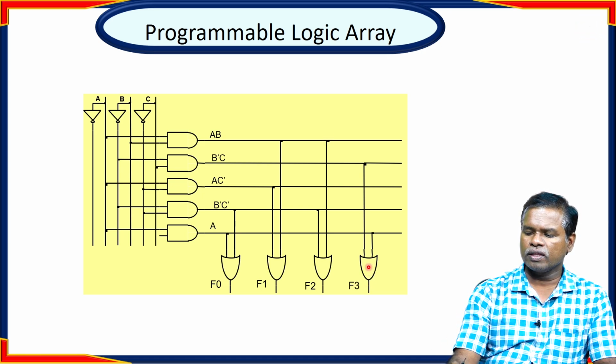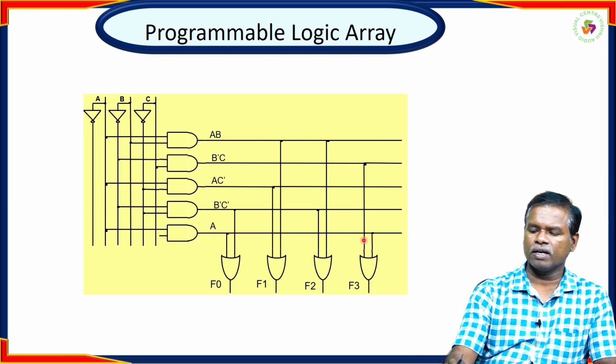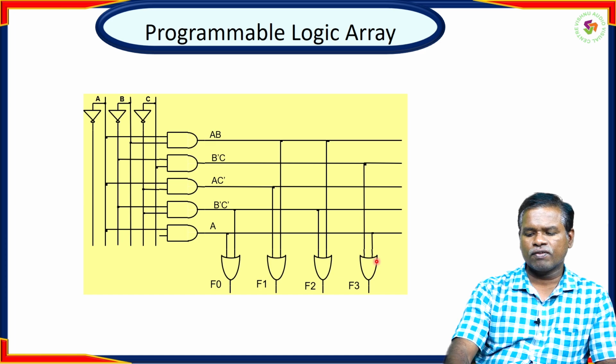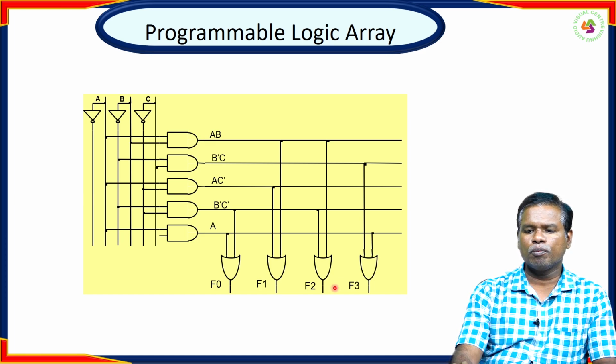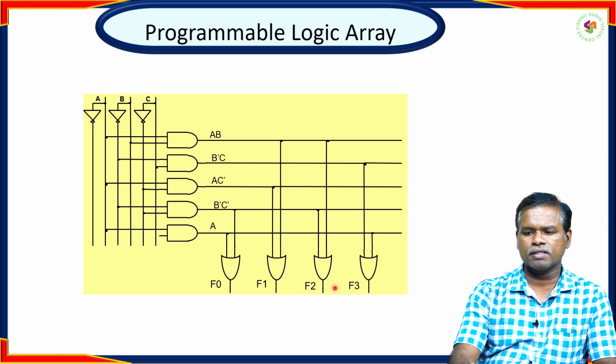And the output of the fourth OR gate is F3, whose inputs are the second AND gate output as well as the fifth AND gate output, nothing but B dash C OR A. So this is how the given Boolean functions F0, F1, F2, F3 are implemented with the help of PLA. This is how simply we can use PLA to implement Boolean functions.